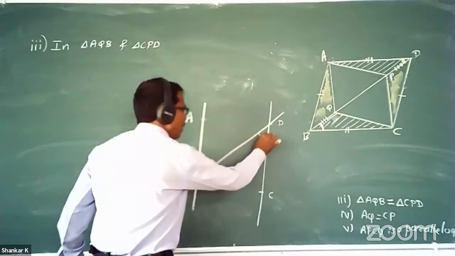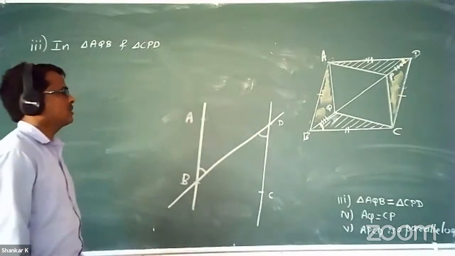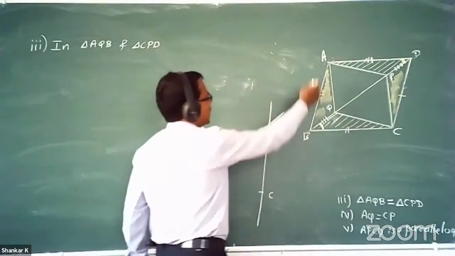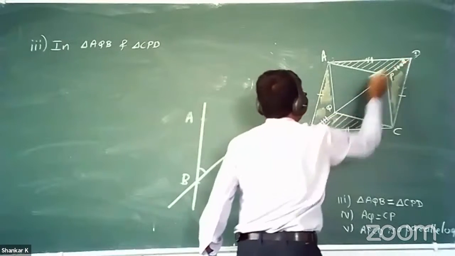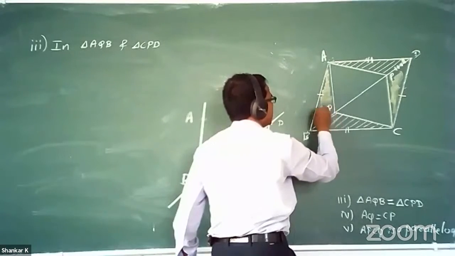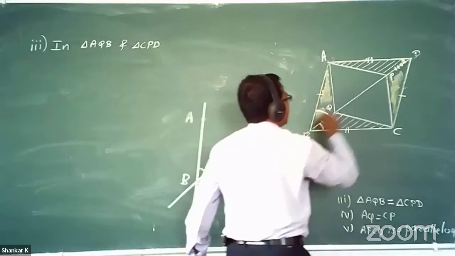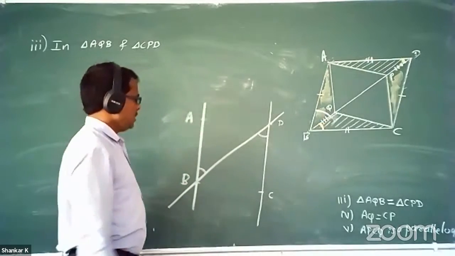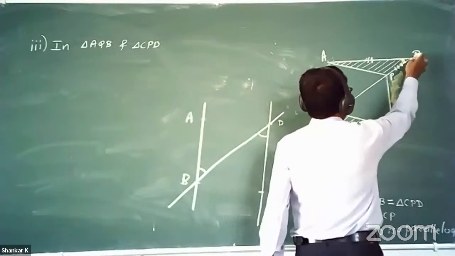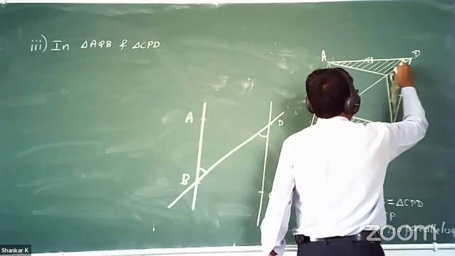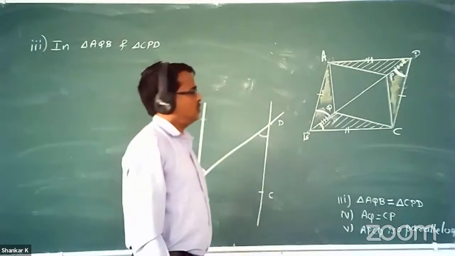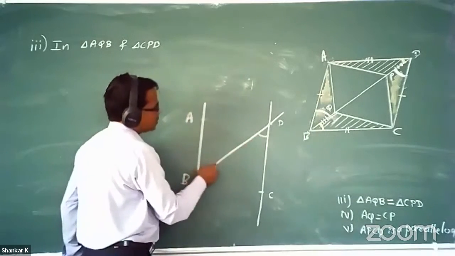Here, these two are alternate angles. These two means what? ABD. Where is ABD? This one. And CDB. Where is CDB? This one. These are alternate interior angles. These are equal. You understand this point?